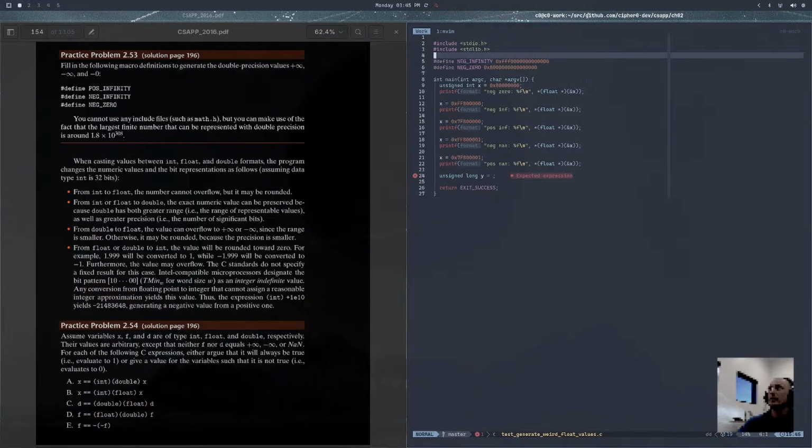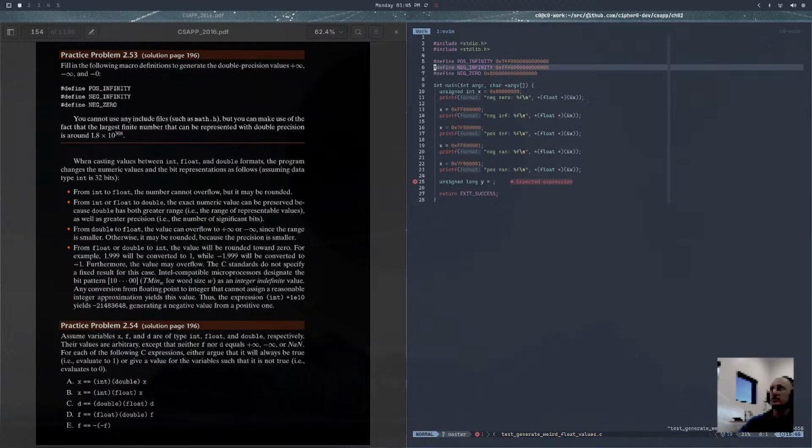Okay. Let's see if these pound defines work. And we need to interpret these as... oh, I can't do that, can I? It's hard to do these as macros because you don't have a thing to reference.